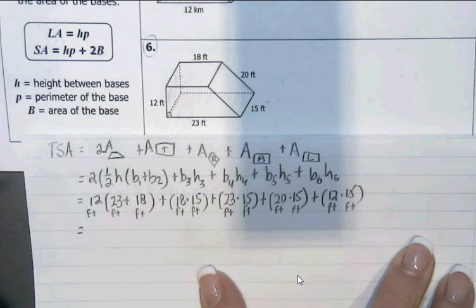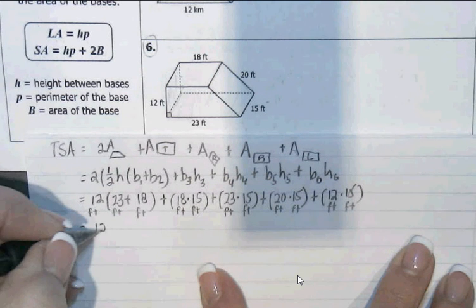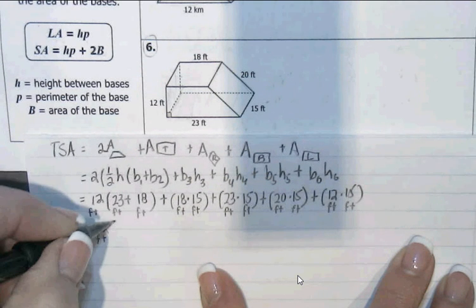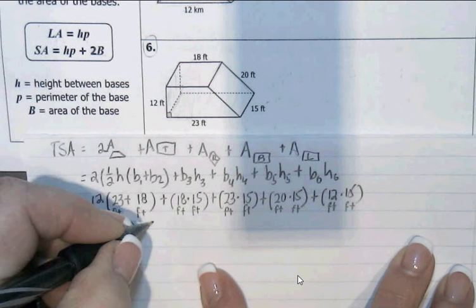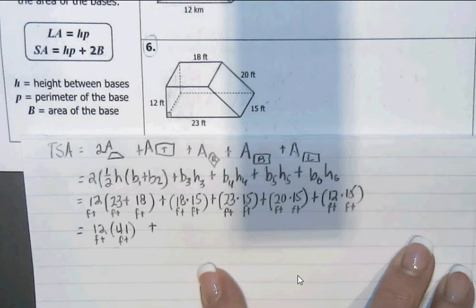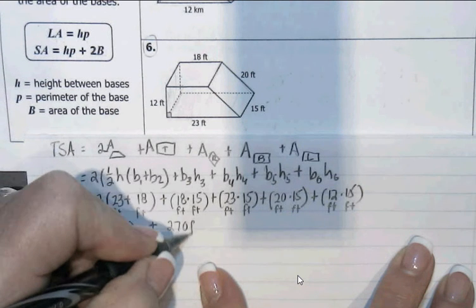And now I just need to do all of those calculations. So 23 plus 18 is 41. So I'm going to get 12 feet times 41 feet plus 18 times 15 is 270, and feet times feet, square feet.